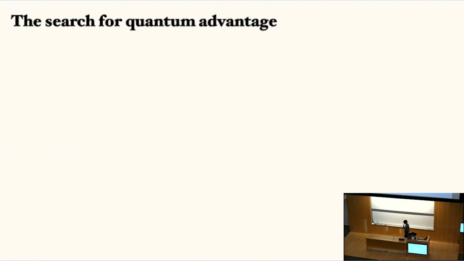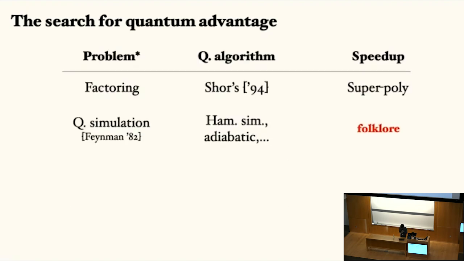At the same time, I also want to mention there's a different interest, coming from the quantum computing community, which is the search for quantum advantage in quantum simulation. While factoring is a very famous example that people know and love, for quantum simulation, let me ask: who believes quantum simulation will have practical quantum advantage?